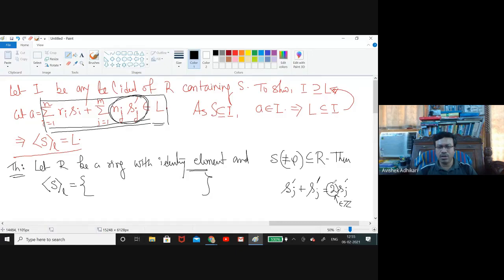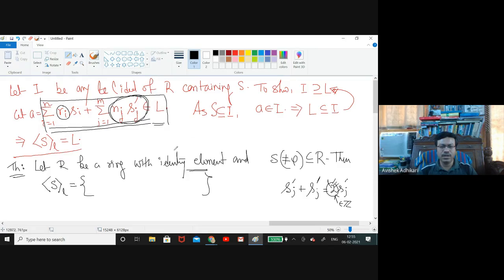So you cannot cover this integer by this r, because r is an element from the ring. If it is within Z, then it is fine, but since it is not within your ring, this 2, you have some problem. That's why we had to take this one.